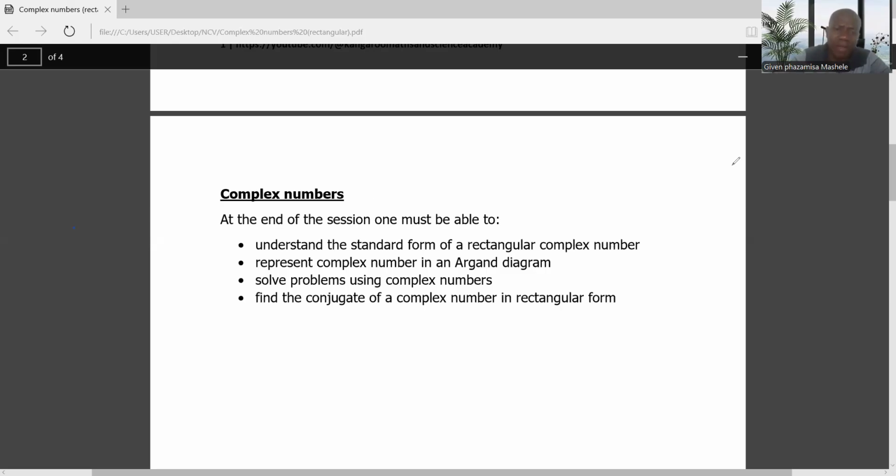A complex number, ladies and gentlemen, is just a number system that comprises the real numbers and the imaginary numbers.